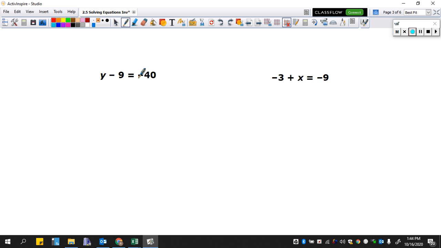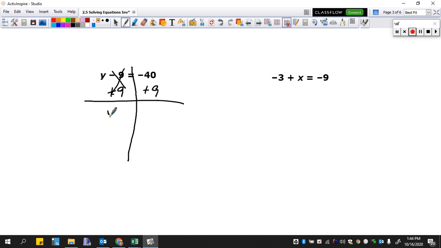All right, several more examples. Y minus 9 is equal to negative 40. The inverse of subtracting 9 is adding 9. So we go plus 9, plus 9. Those cancel out.